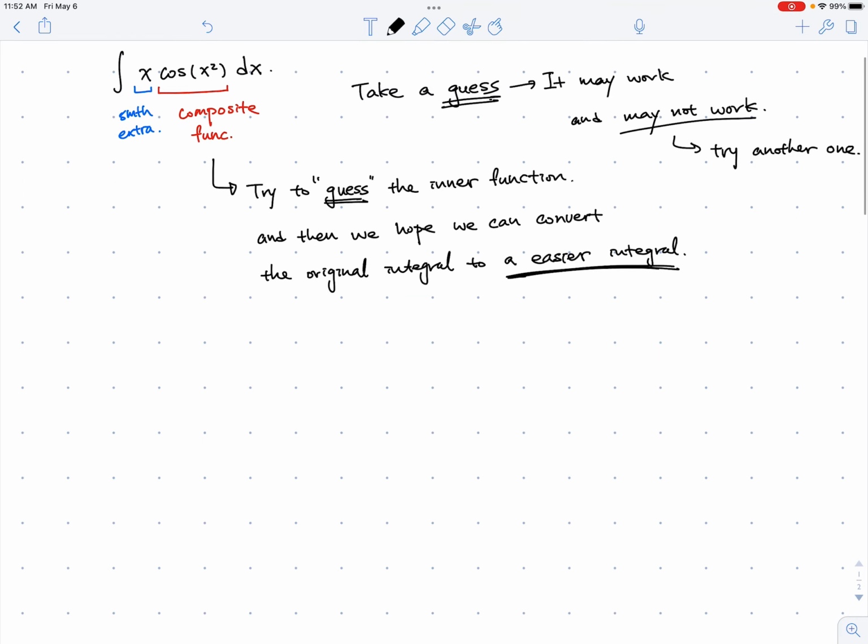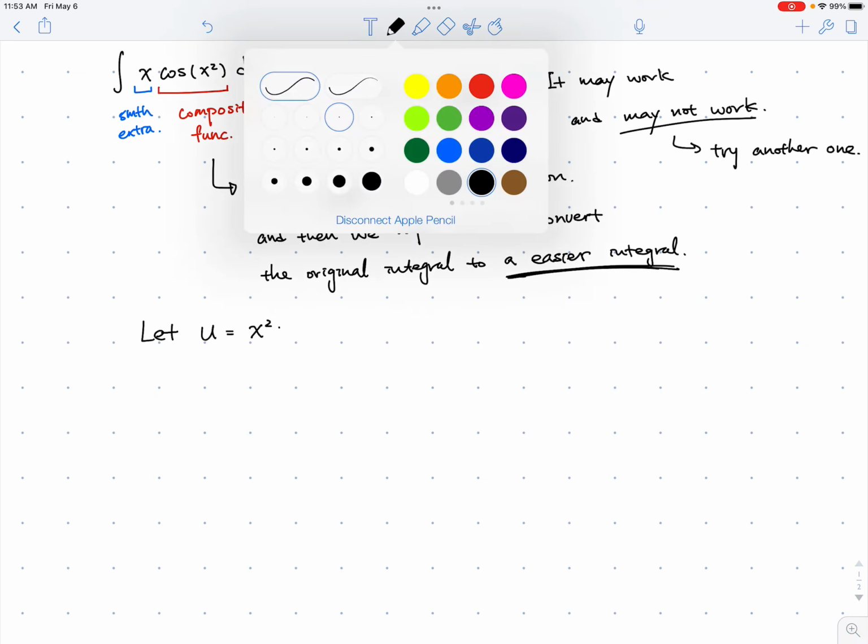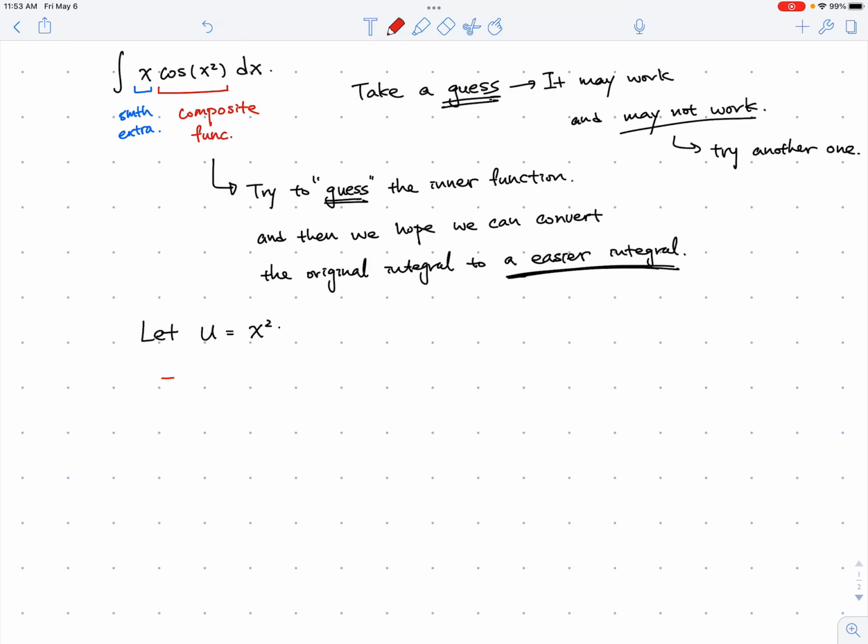Here, if I try the inner function u to be x squared, like we discussed before, then I'm going to do this very important step.